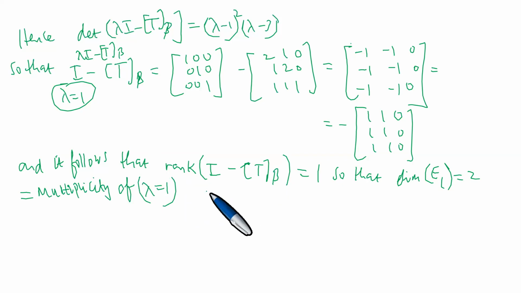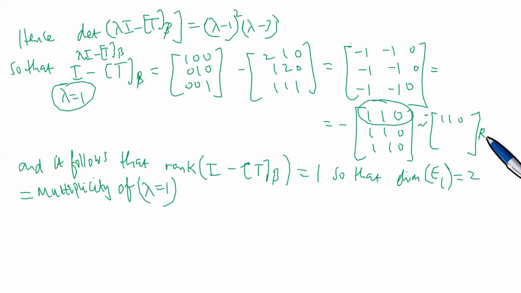You need to note that the rank is 1. If the rank is 1, it means that you have one row that is non-zero, and the rest will become 0 by row reduction. By row reduction, this one is going to be minus 1, 1, 0.